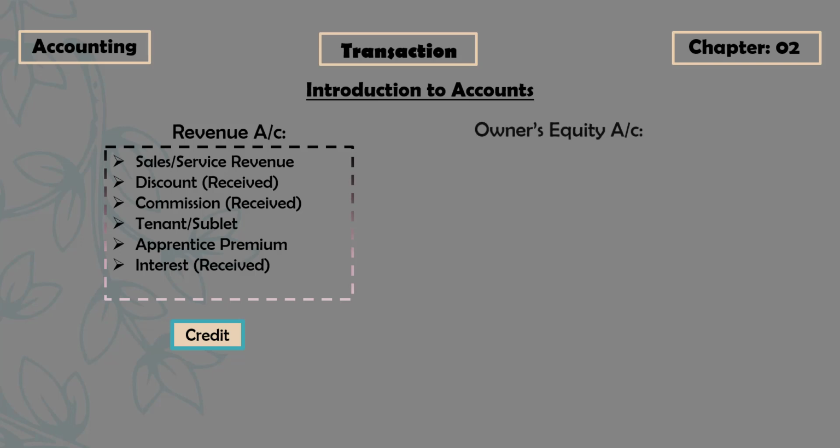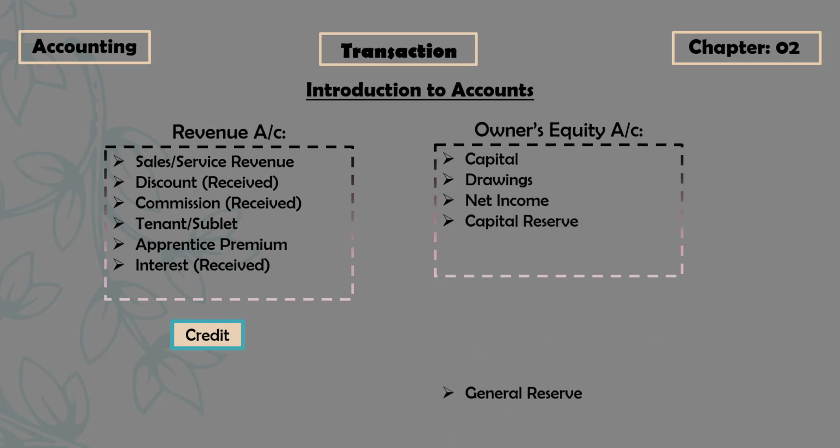Okay, let's see owner's equity accounts. Capital, drawings, net income, capital reserve, and general reserve. You will find only capital and drawings in your textbook in this chapter, but I have added the other three for your convenience.